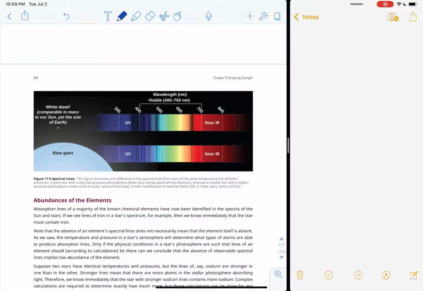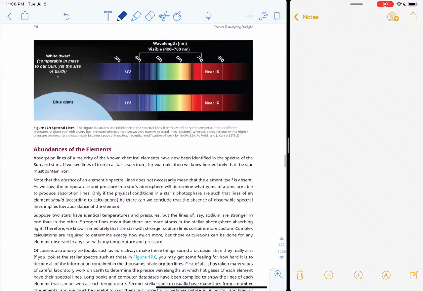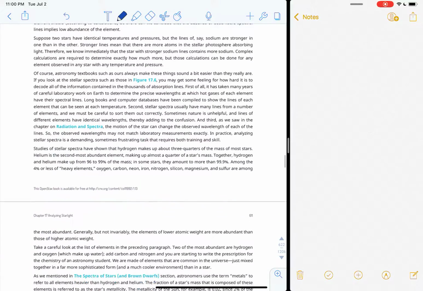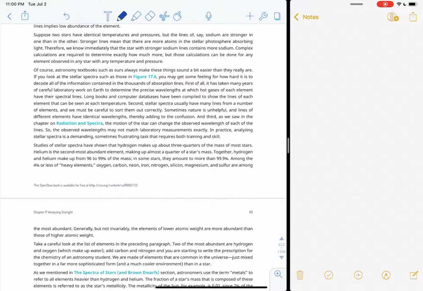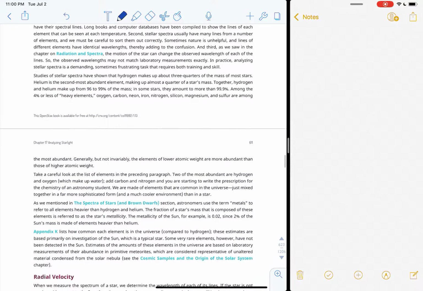Whereas for a very large star, these absorption bands are very thin. So we noticed that the emission and absorption lines are very different for small stars compared to big stars. So we can determine the size of a star just by looking at its spectra like that.